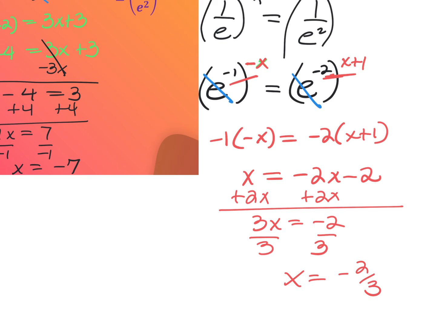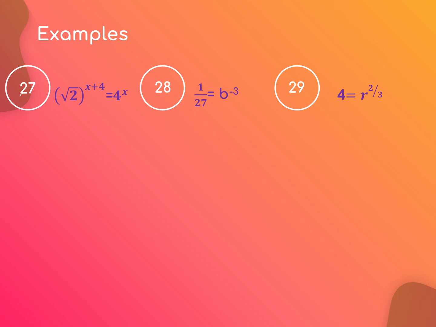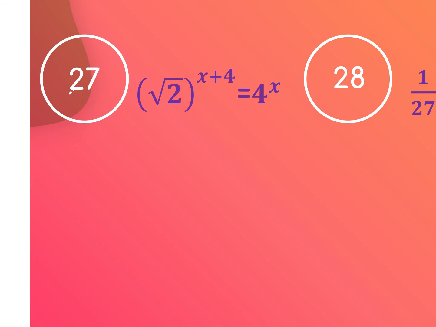All right, we have 3 examples left, and then you can get started on your homework and ask me any questions as well. Some of these are going to be similar to what we did at the beginning, like the last example. But now we've got one where we're going to make it into a fraction exponent because we've got a square root here.